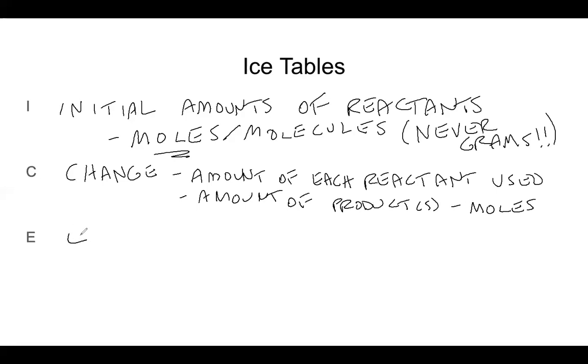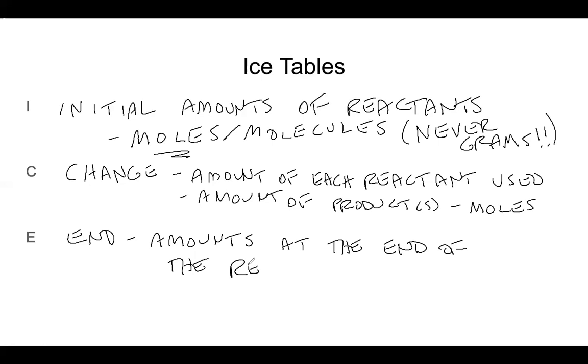And then E stands for end. And this is the amounts at the end of the reaction. So we'll have some product that gets formed, and we'll also have some excess reactant that we have at the end of the reaction. So let's see how this works in a problem.